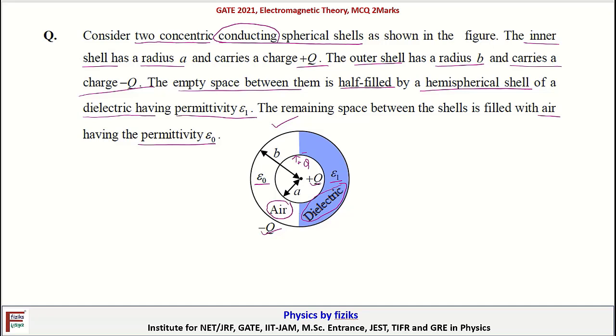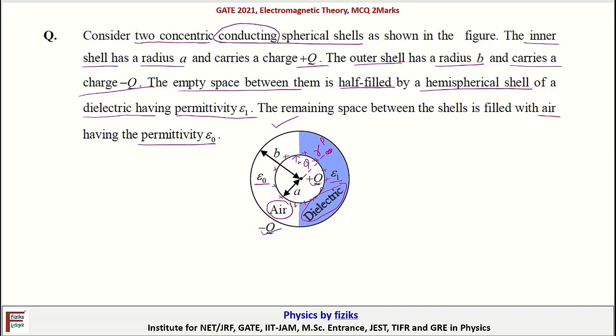And due to this, this dielectric will get polarized and bound charge will develop. In free space, there is no polarization. So we don't know the bound charge and we have to find the electric field at any point P that is small r distance away.